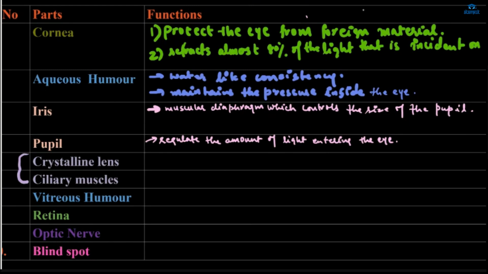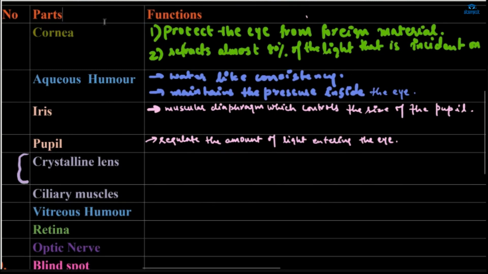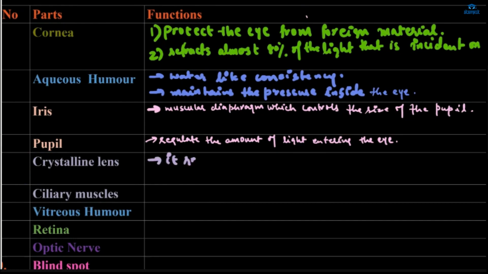First we'll write the function for the crystalline lens: it refracts the light. And one more function is that it works with the ciliary muscle.